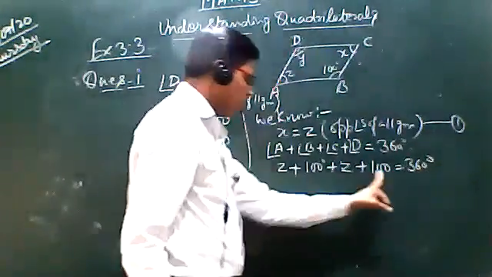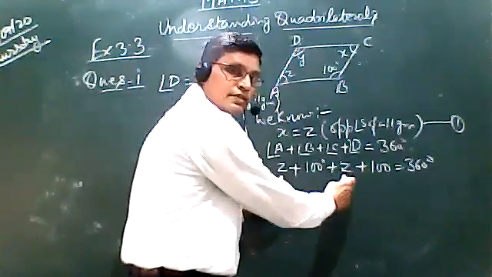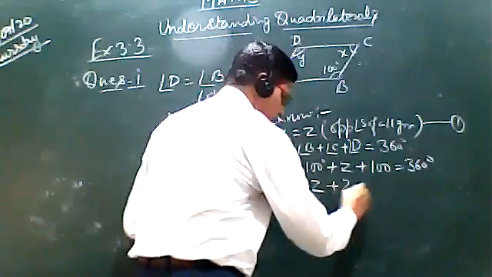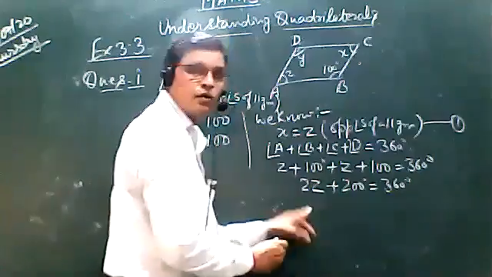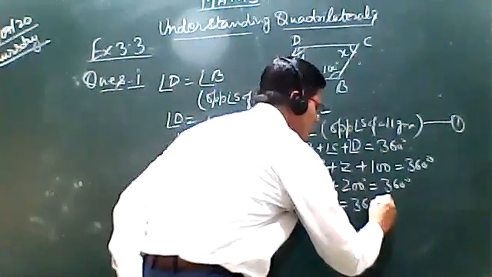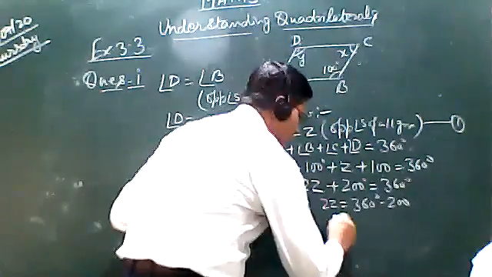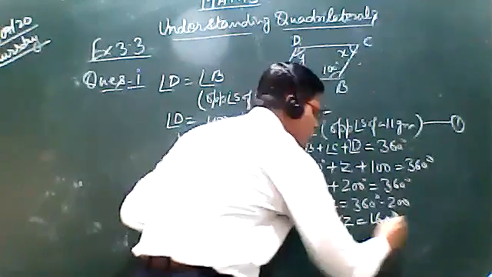Now we add both the numbers, and this Z and this Z comes 2Z plus 200 equal 360 degree, and 2Z is equal to 360 minus 200, and it comes 160 degree. 2Z is equal to 160 degree, and 2 1 are 2, 2 8 are 16.